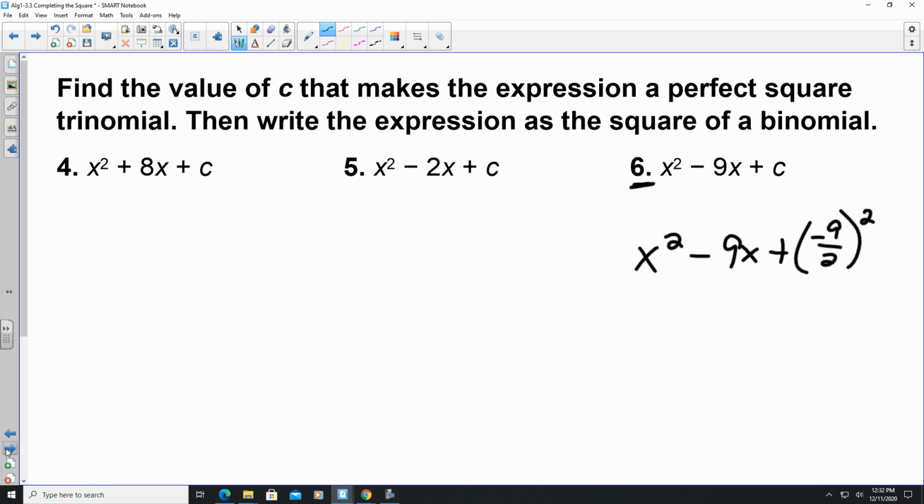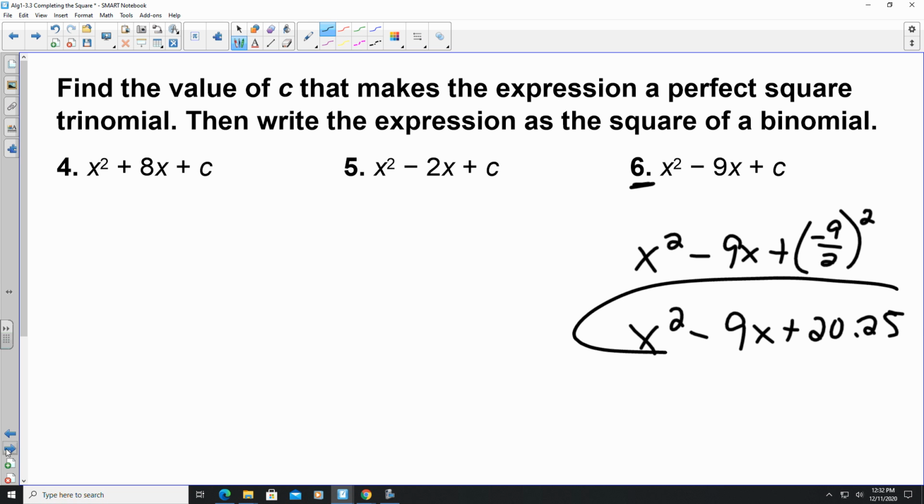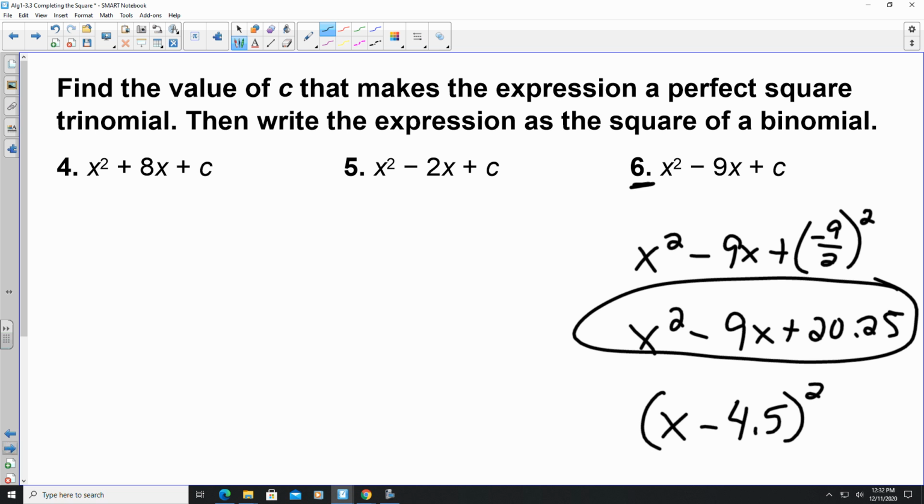If I square that, I get 20.25. So it would be x squared minus 9x plus 20.25, and that is what would make it a perfect square trinomial. To make it the square of a binomial, it is x minus 4.5 quantity squared, because b is negative. So this is an example where it would be negative.